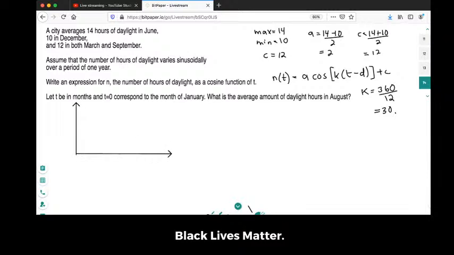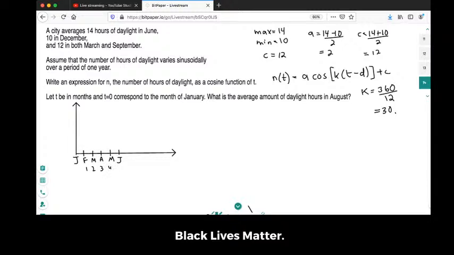Before we get started, one thing I want us to think about is the following. Typically you would think of June as the 6th month, but in this instance, you're not going to, because January has been given to us as t equals 0. So 1 is February, 2 is March, 3 is April, 4 is May, and June is 5.